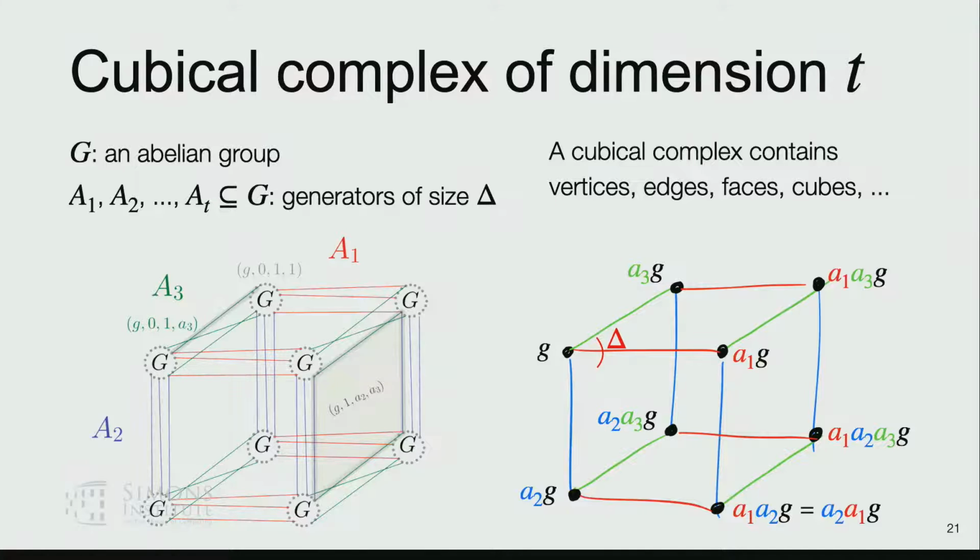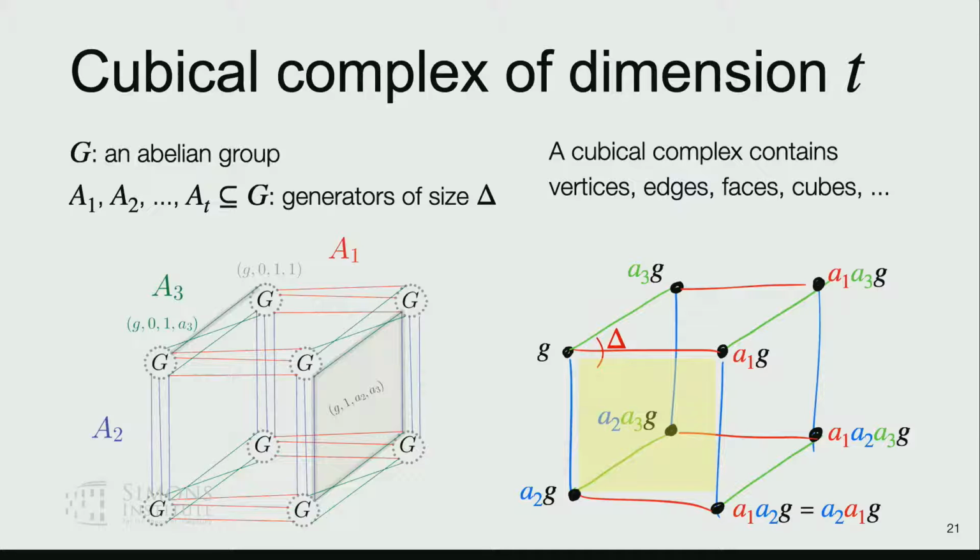What's very nice about this construction is the abelianness. What abelian gives us is that these edges also form these faces. Here we see that G is connected to A1G. Then we can go vertically, so it's connected to A2A1G.